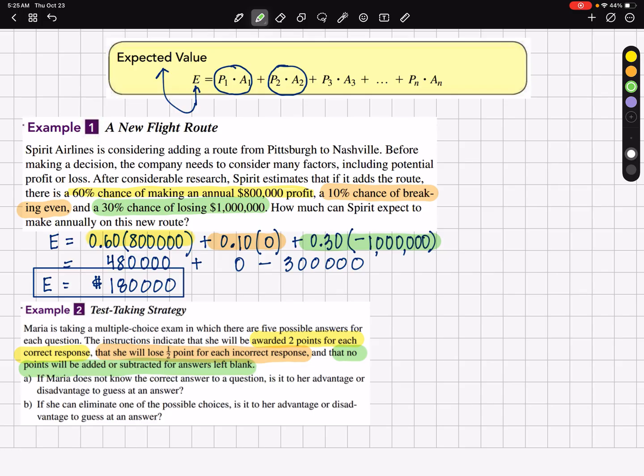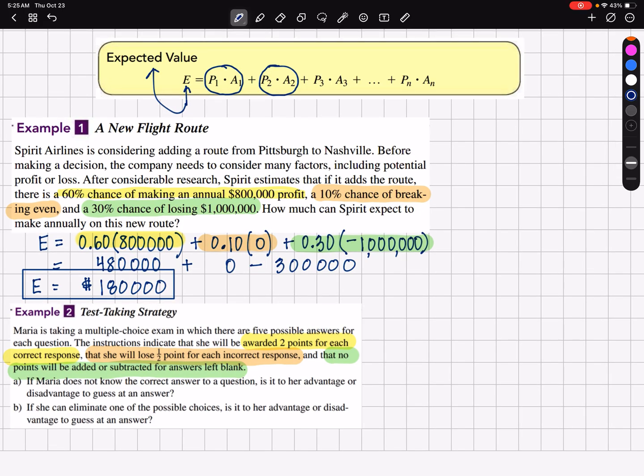Now, there's 5 potential answers for each question. So I'm going to have to figure out the probability for each one of these. Unlike the problem before where they already gave us the probability, we're going to have to figure this one out. So the probability that she answers correctly is equal to 1 out of 5 chances.